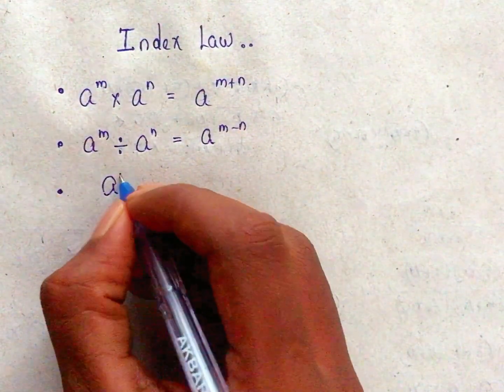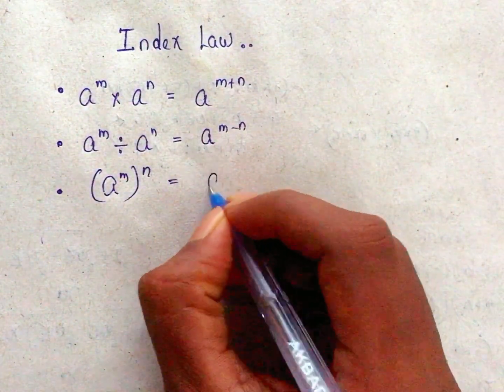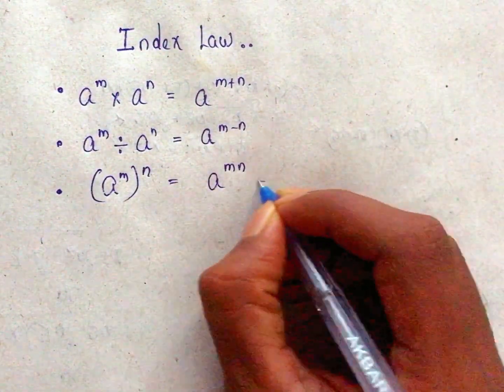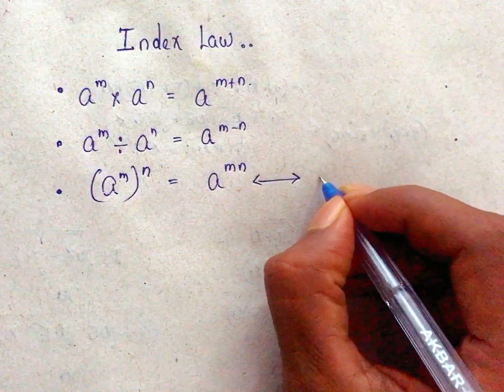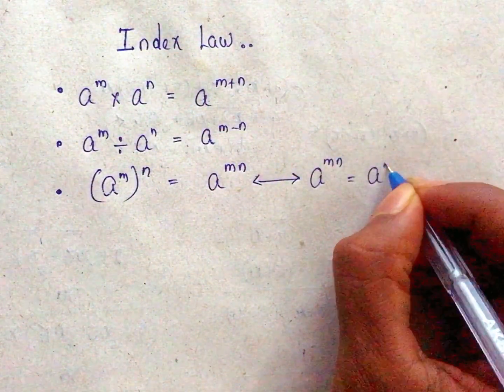In the first two cases, when multiplying you need to add all the powers, and when you divide these indices you need to subtract the powers.